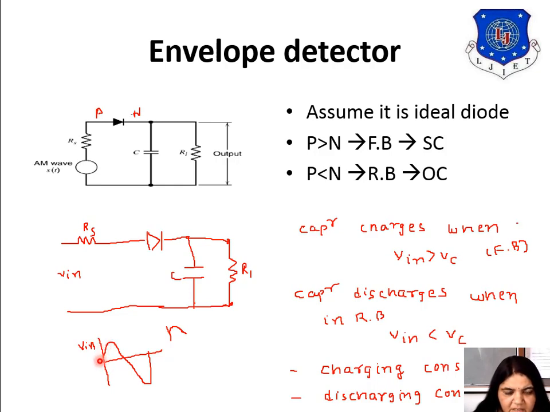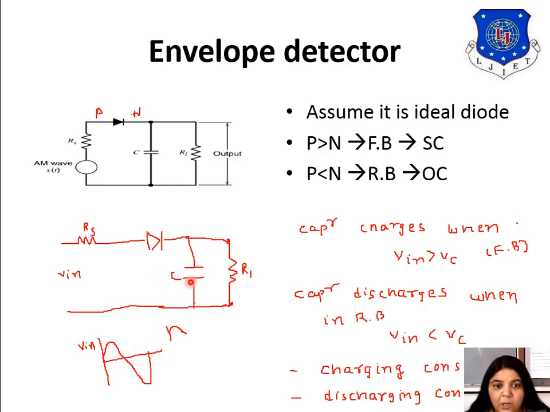Initially, when the V_in value is higher, the capacitor charges, and at that time the diode is forward biased. The capacitor discharges only when the V_in value is less. Here you can see that V_in is higher, and from this point V_in decreases.